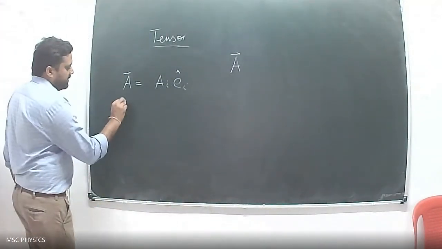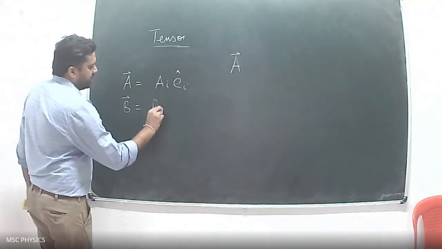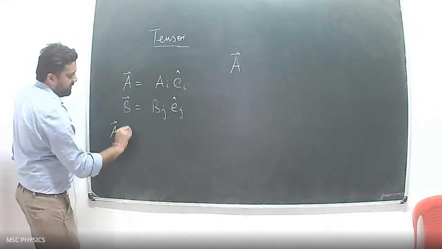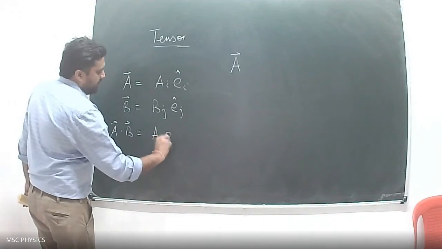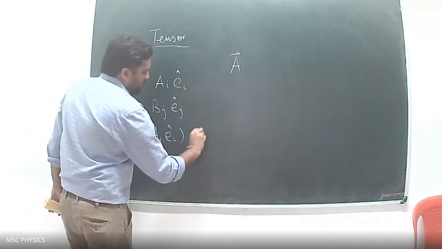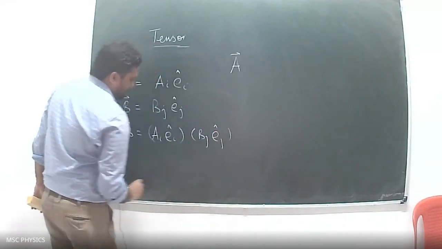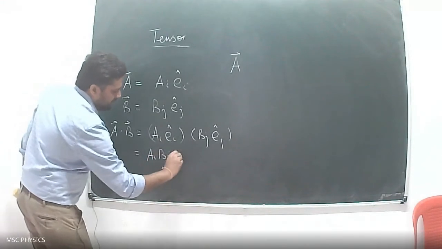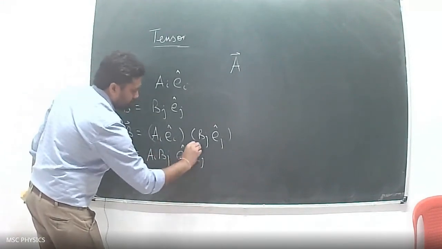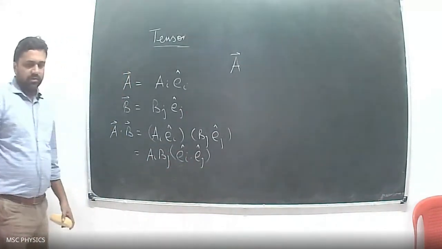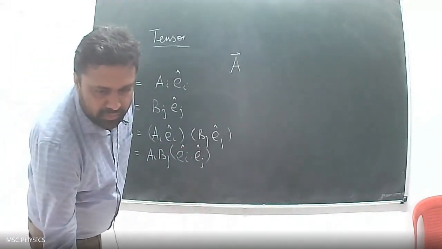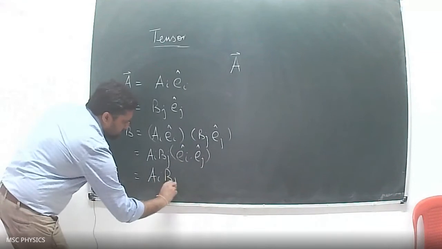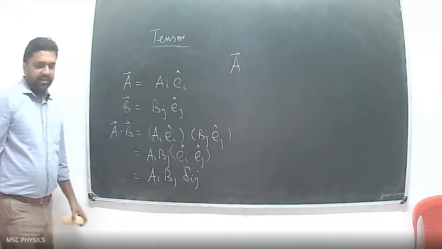So this is A, this is B, B can also be written as Bj, with another index because I have already used i. If I want to find out A dot B, it will be Ai ei dot Bj ej, and these are constants, they will come out. So Ai Bj, and I will get ei dot ej, the dot product of the directions, which will basically give you Ai Bj delta ij, Kronecker delta.